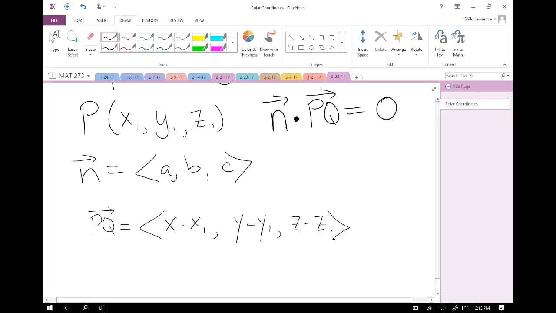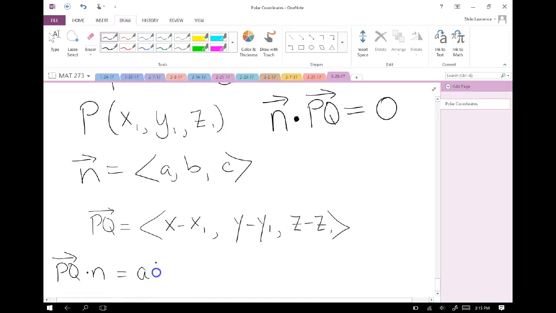n is normal to the plane. That is always going to be true. And the dot product of two vectors that are normal, the dot product of two vectors that are 90 degrees, is always going to be 0. So PQ dotted with n. Dot product is where we multiply corresponding components and add the results. So PQ dotted with n, well, n has components a, b, and c.